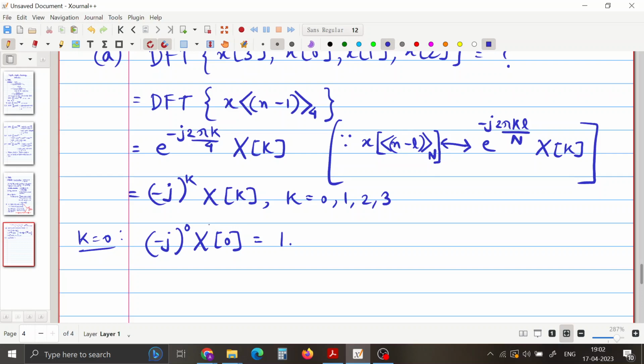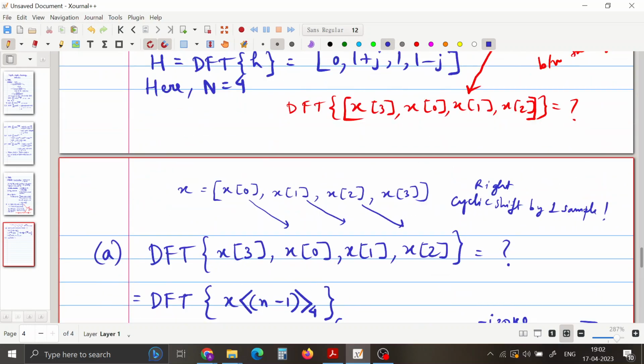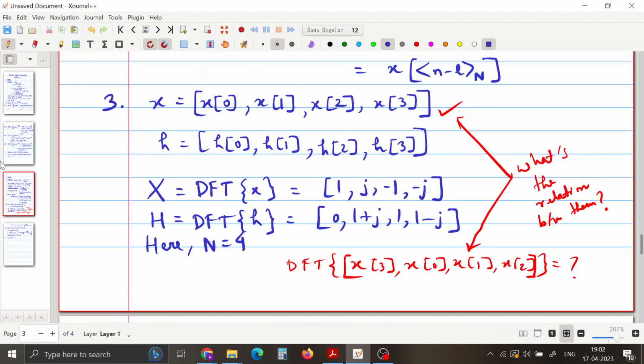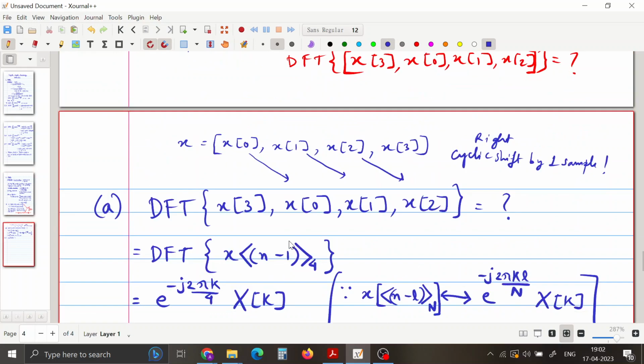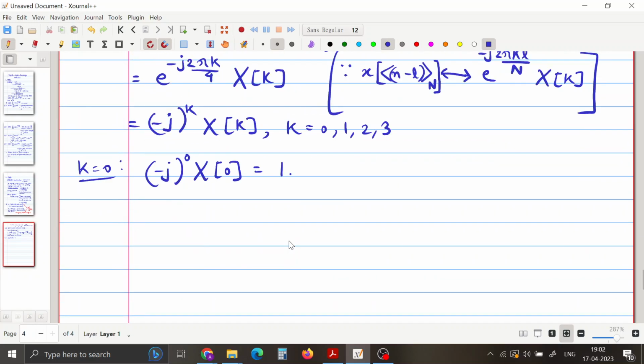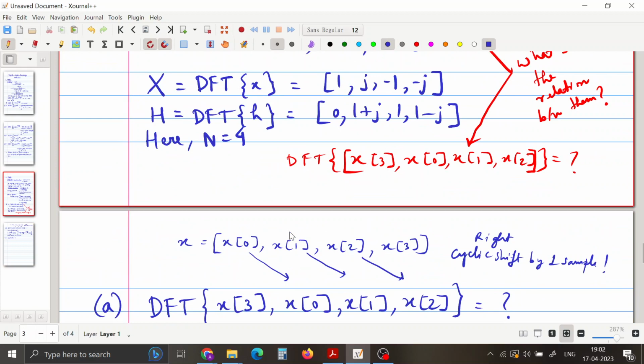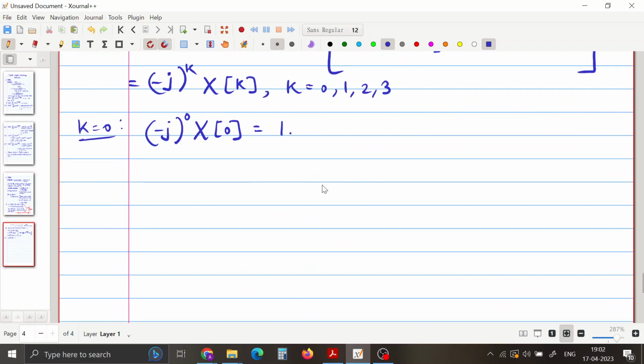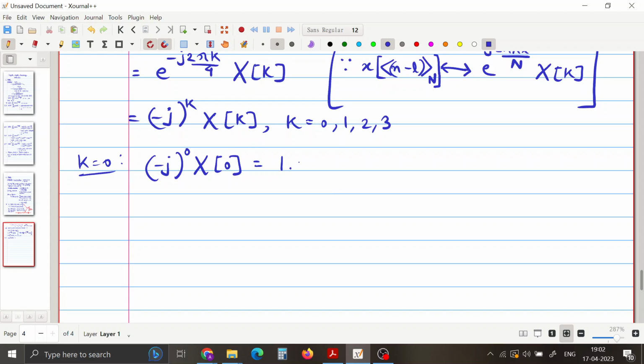What is cap X of 0? The DFT cap X is already given in the question: the coefficients 1, j, minus 1, minus j. So cap X of 0 is 1, cap X of 1 is j, cap X of 2 is minus 1, and cap X of 3 is minus j. So this is 1 times 1, which is 1.